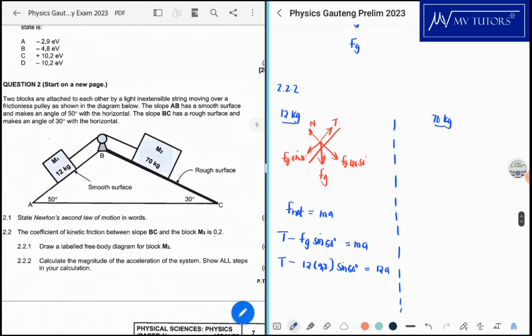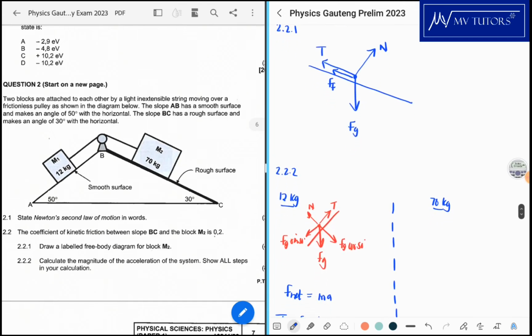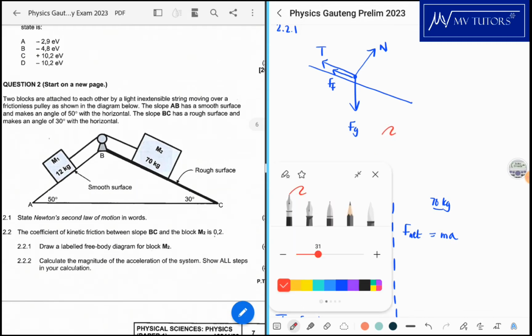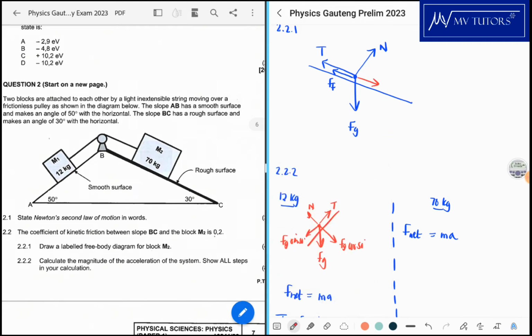And now for the 70 kg block, we have a free body diagram over there. Again, we're going to start with the net force being equal to mass times acceleration. So I am going to resolve this into its x and y components. So I have Fg sine 30 degrees. Okay, I don't really need the cos part. Fg cos 30.